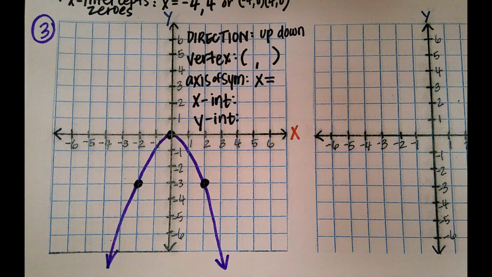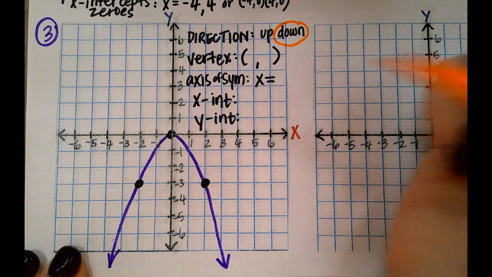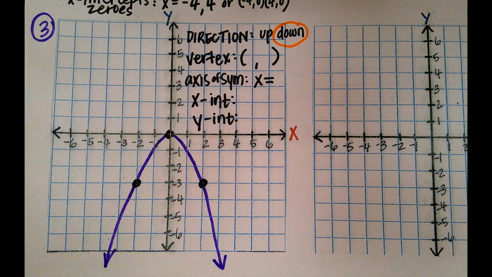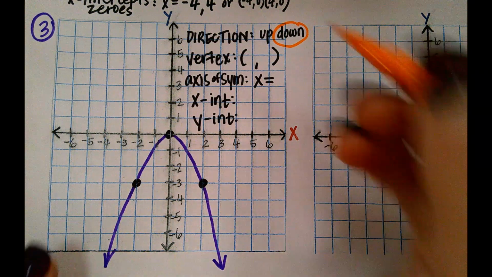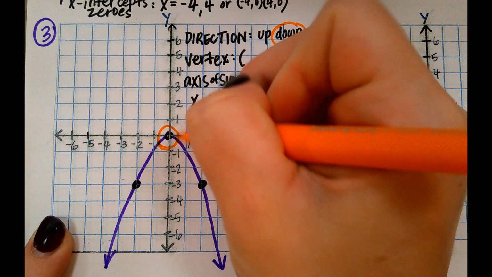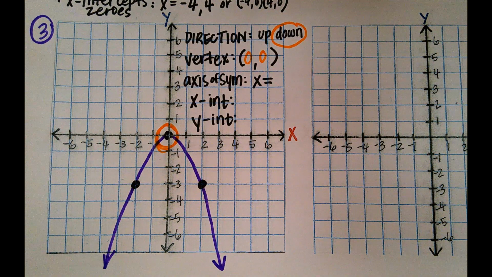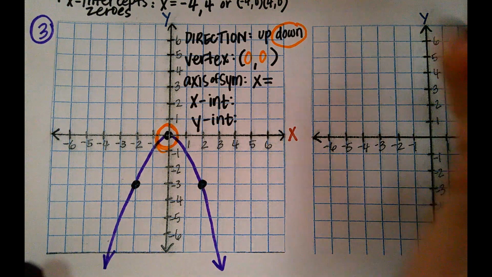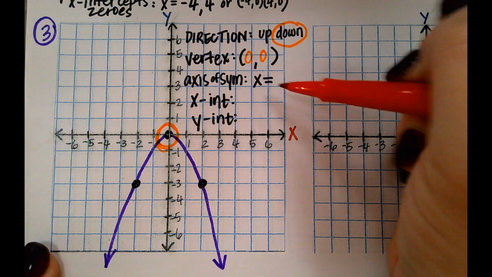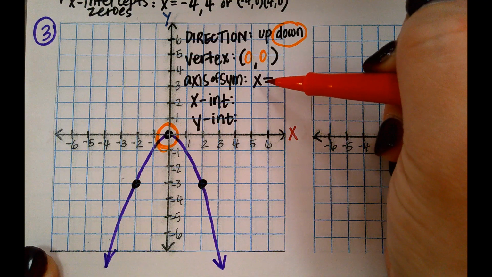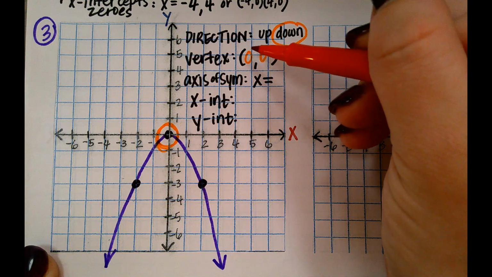All right. Up or down? Down. This thing's going down. Now, the rest of it. Vertex is 0, 0, right here in the middle. So, what's my axis of symmetry? Guys, don't think too hard about it. Remember the trick. What is the x match? The vertex, x, 0.